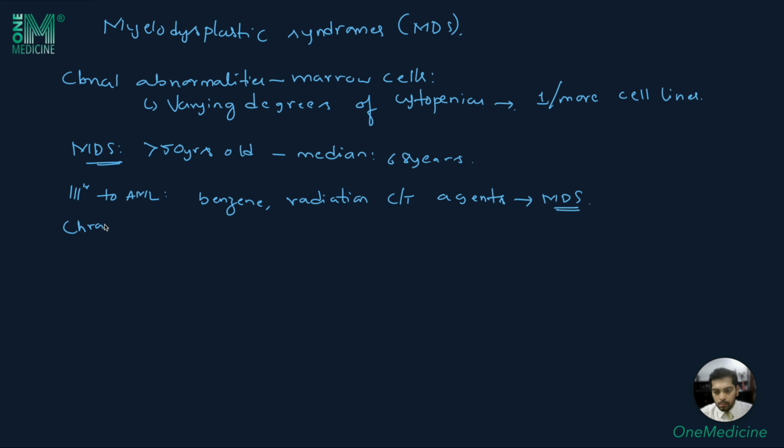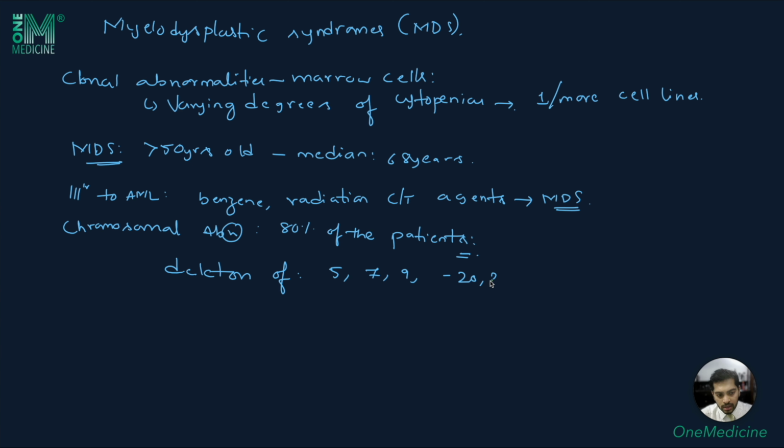There can be chromosomal abnormalities that are seen in up to 80% of the patients. So the most common chromosomes and abnormalities involved include deletion of 5th chromosome, 7th chromosome, 9th chromosome, 20th and 21st chromosomes are also involved, but these are less common compared to the previous ones. Some factors, if present, are associated with good prognosis.